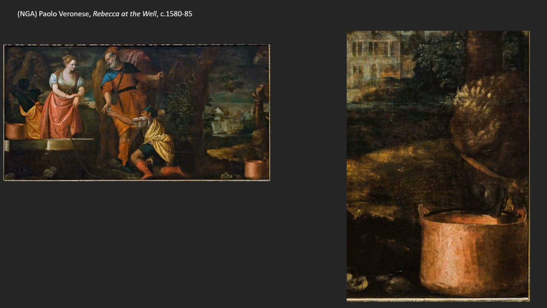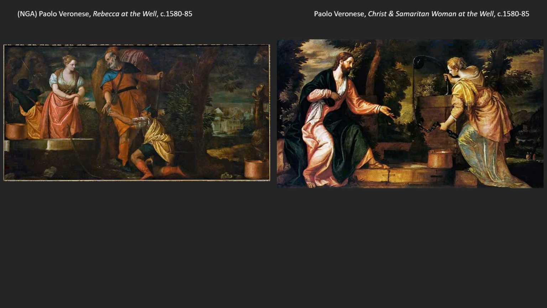What we didn't know when we were down there is that this came from a series of 10 pictures, right? And this suite of 10 pictures, there were 5 Old Testament scenes and 5 New Testament scenes, right?